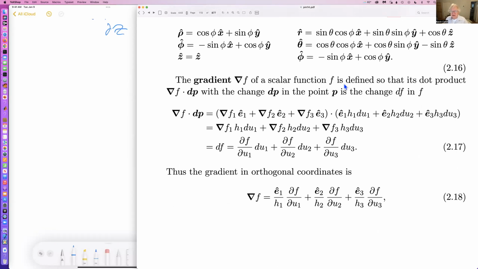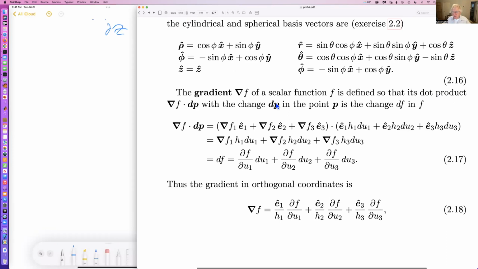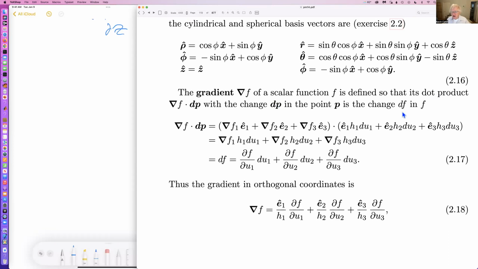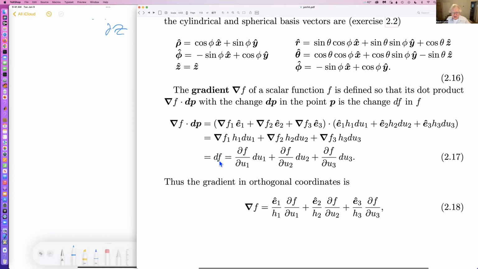And now the gradient of a scalar function f is defined so that its dot product with the change in the point P is the change in the function. So in other words, we now know what dP is. dP is this thing. And so df is said to be the thing that dotted into dP gives us the change in the function df.